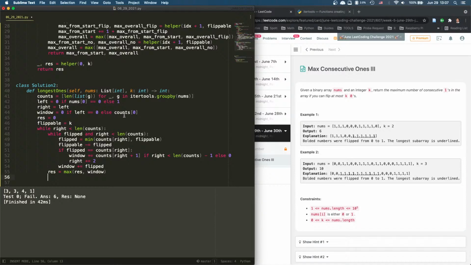If left and right were the same, so I say if left and right is in the same position, that means we did not move. We stuck in the same position. Then what?